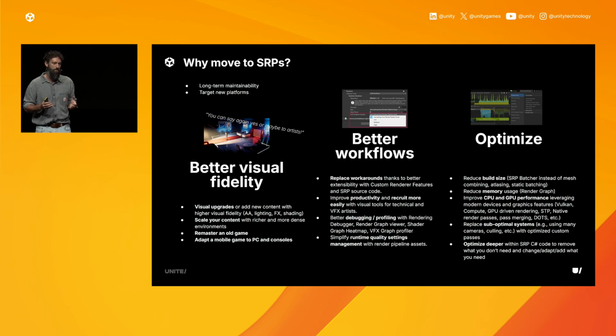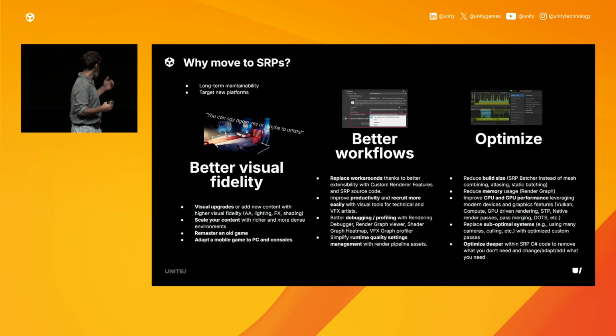So people tend to move to URP to get a visual boost, having better lighting, better shading, better global illumination and effects. Being able to scale content, Oliver will show this as well, that even if you have a simple scene, the two can be similar, but when you start scaling, the difference really shows. So if you want to put more things, and then the other one is to remaster an old game or to make a PC console version of a game.